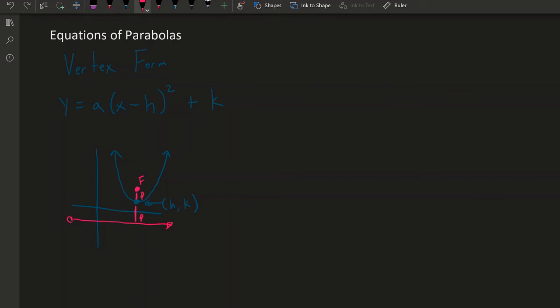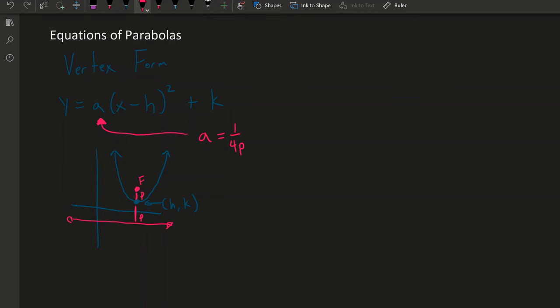Now the a value, the vertical stretch, relates directly to the p value in the sense that a is equal to 1 over 4p.